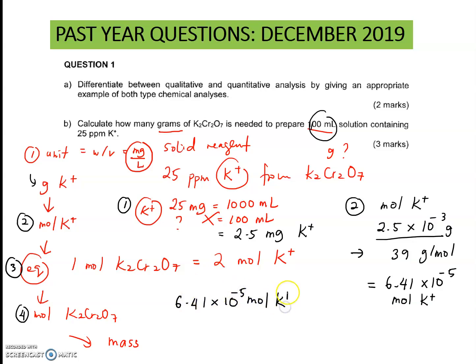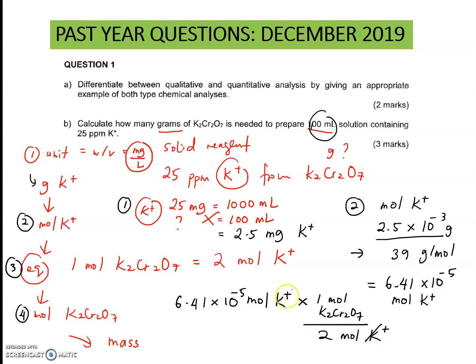Mole potassium ion times, we want to find mole of molecule, so times 1 mole potassium dichromate divided by 2 mole potassium ion.